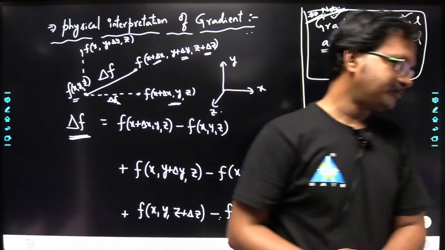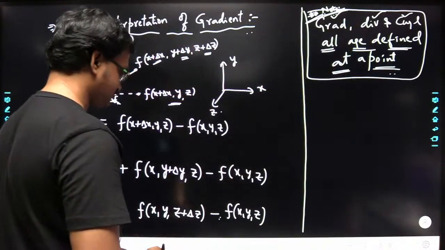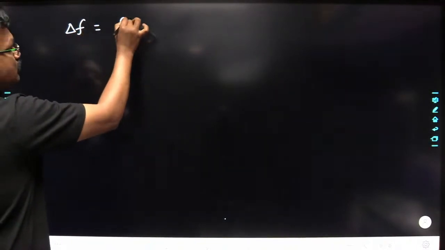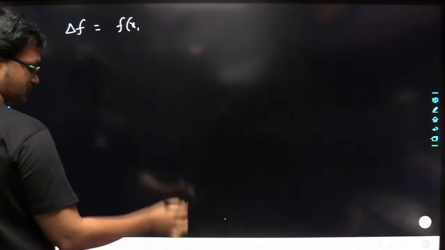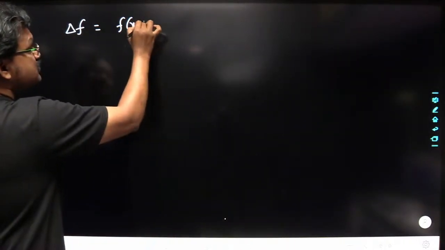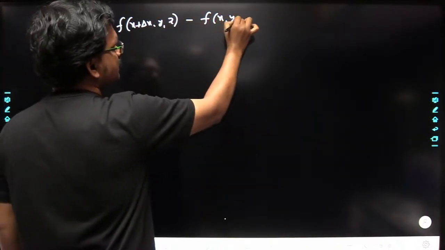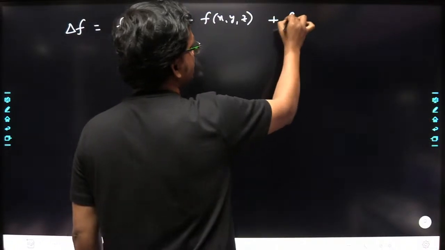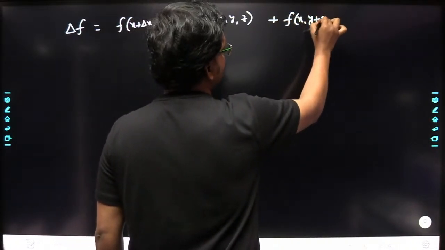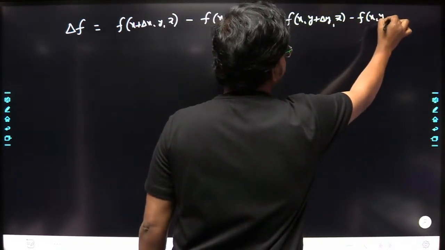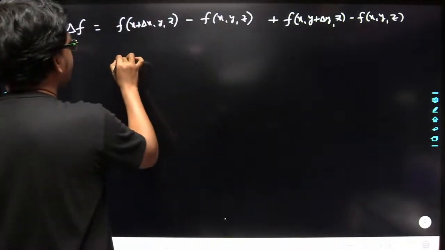Yes or no here? Is it clear? Right. So here I have written change in function is equal to the change in x plus the change in y plus the change in z.